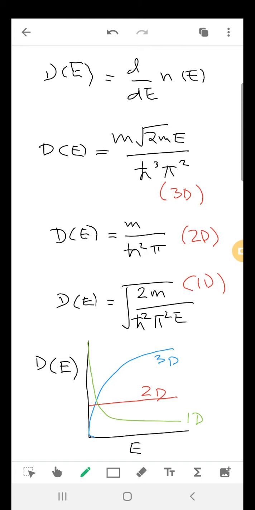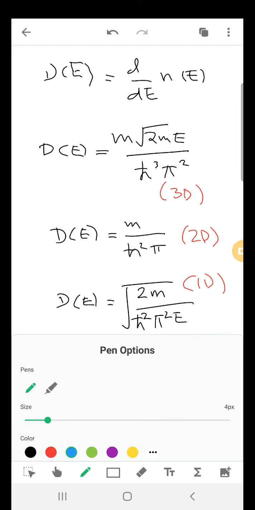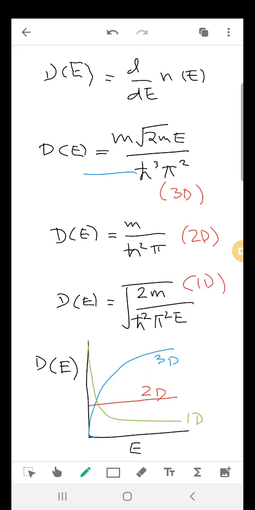For the three dimensions, 3D, 2D and 1D, we get different densities of states. This is for 2D, and this is for 1D. If we plot with respect to E, these are the three types of density of states that we obtain.